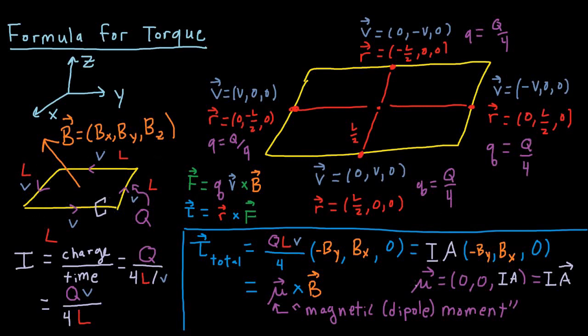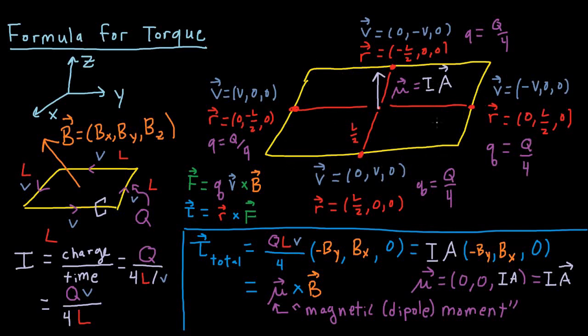So in other words, mu, this magnetic dipole moment, is just a vector, and it's pointing upwards, right? It's equal to I times A. And it should be thought of as the axis around which the current is flowing, right?